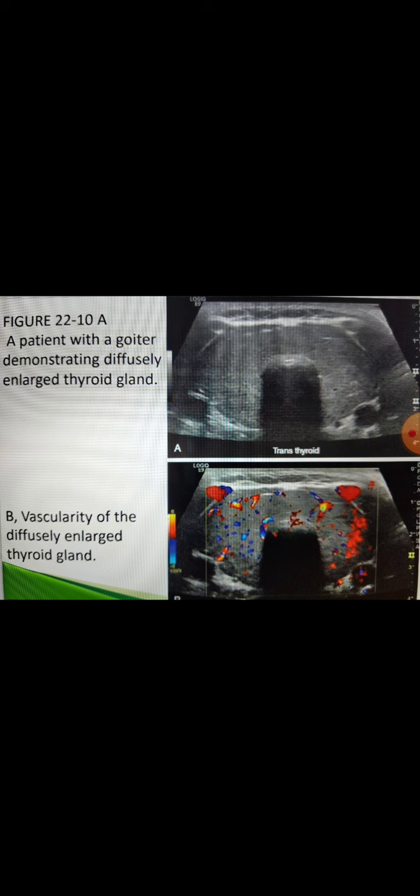So enlargement can involve both lobes, and the isthmus can also be involved, and there can be several nodules, described as multinodular goiter. And these nodules can also vary in echogenicity.